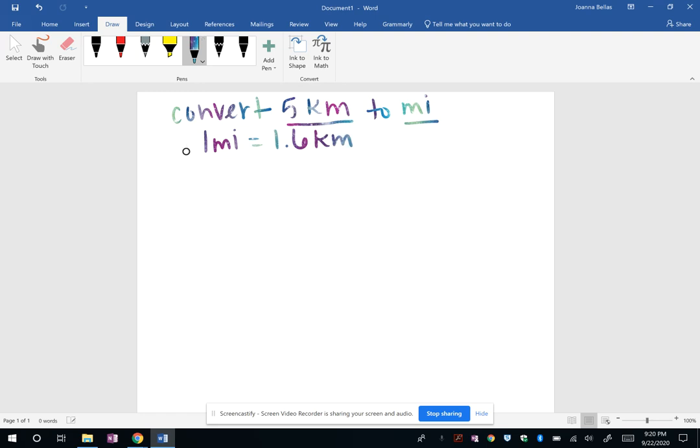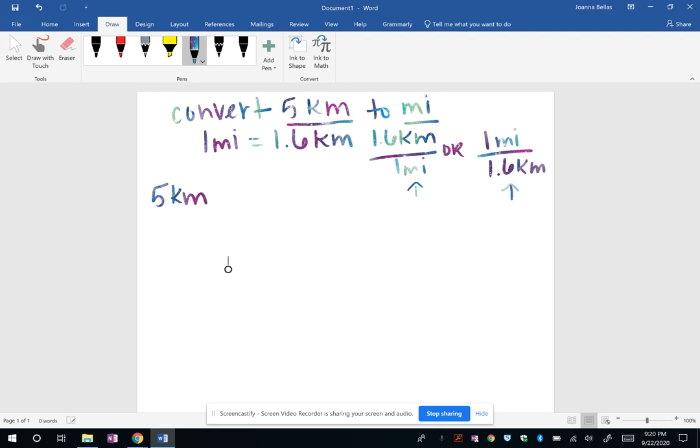From that, I can get my two conversion factors, which are either 1.6 kilometers over 1 mile or 1 mile over 1.6 kilometers. Now our next step is to figure out which one of these I can use to cancel out my units. The next thing we do is write out 5 kilometers.